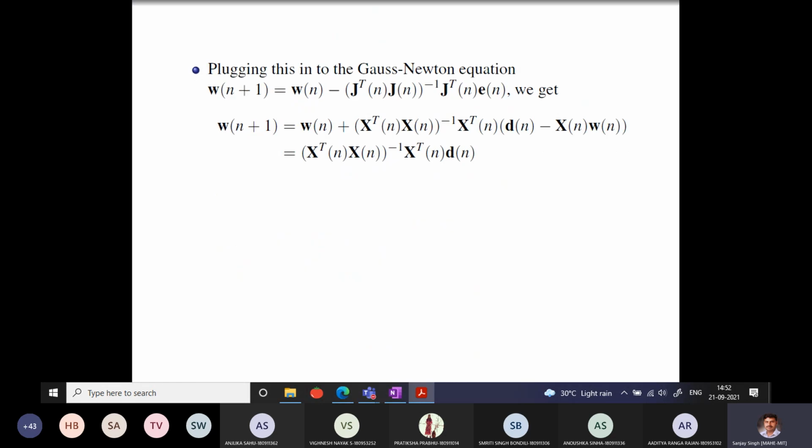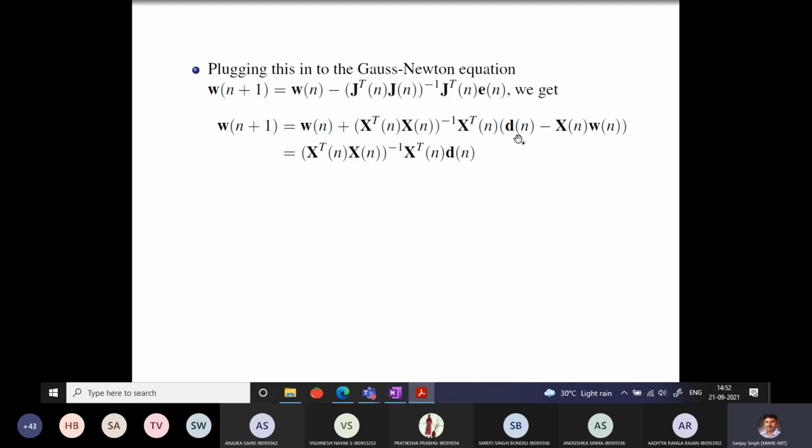Now once you have this, we are plugging into the Gauss-Newton equation, which we have just derived. Gauss-Newton is W n plus 1 equals W n minus this one. Now instead of that e of n, we substitute the actual value d of n minus x n W n. Once you have this, then it's a pretty straight problem.